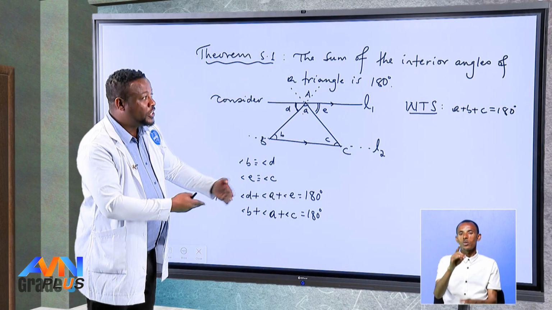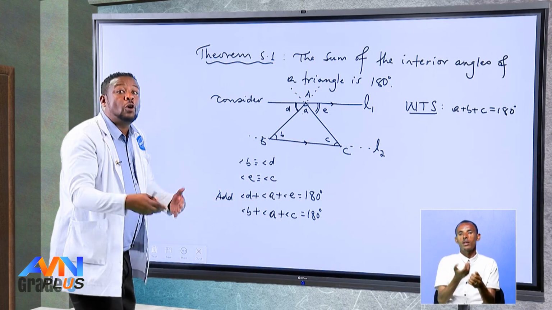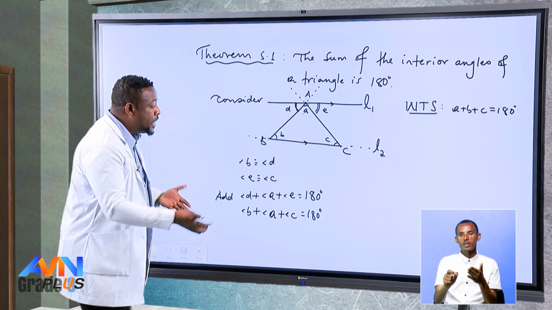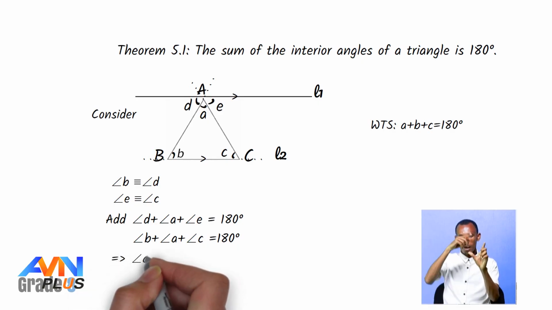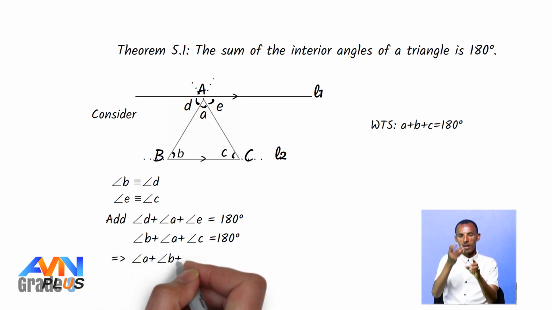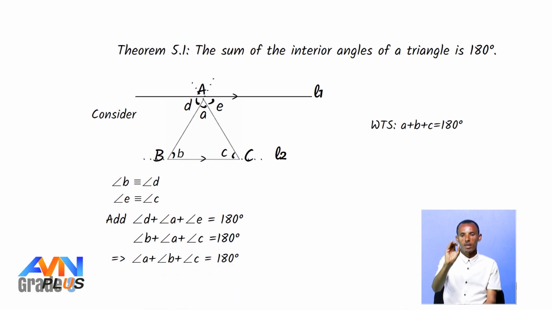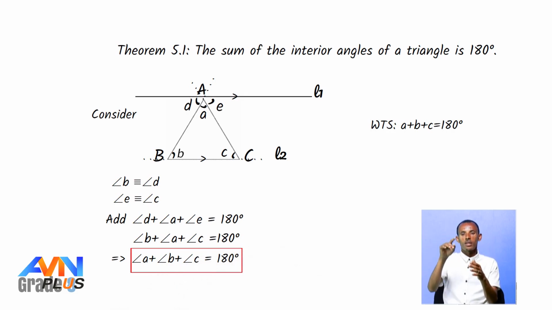You can rearrange this in any order, okay? Addition is commutative, so you can write these three things in any order you like. So this implies angle A plus angle B plus angle C is 180 degrees, which is the required result in theorem 5.1.